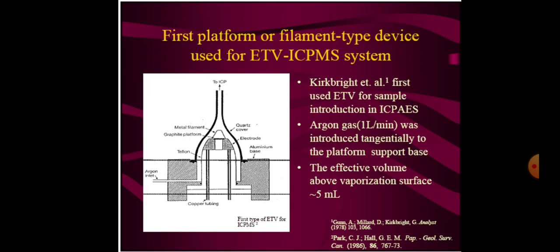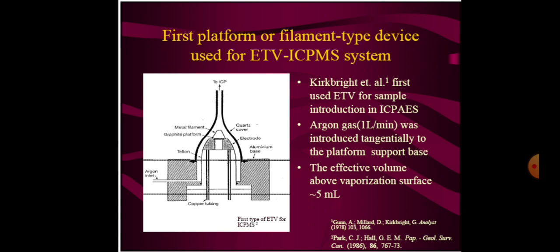Here you can see a picture of this method. On the left side, as you can see in the picture, we have a carbon rod or graphite. It has been called a graphite platform. By applying electricity, this graphite platform will be heated, and the sample is on the platform.